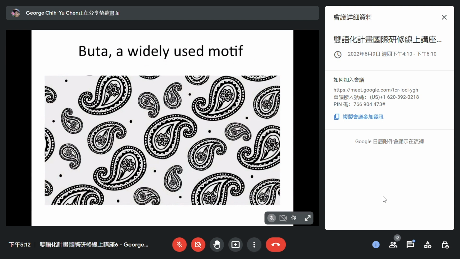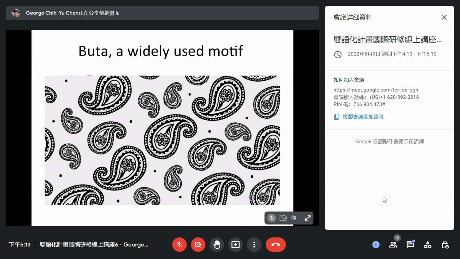Next, I'll discuss with you some of the popular, widely used motifs in their rug design. One of the most popular ones is called Buta. The Buta motif has an origin that can trace back to 可以回溯回 Persia, 波斯 is now we call Iran.